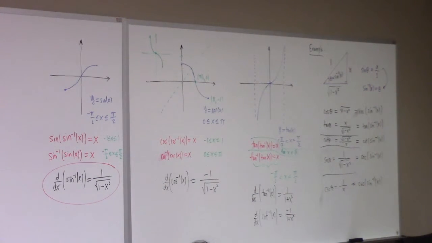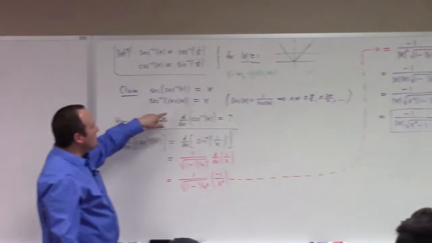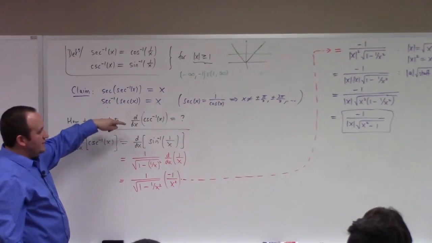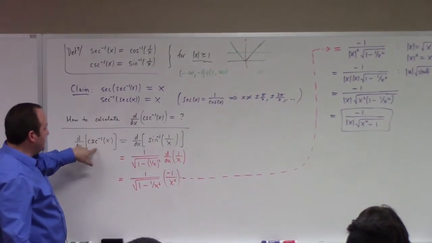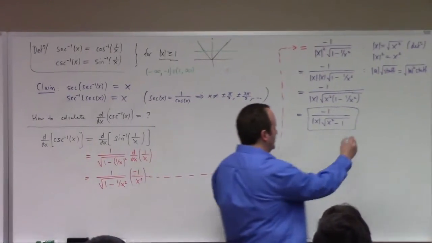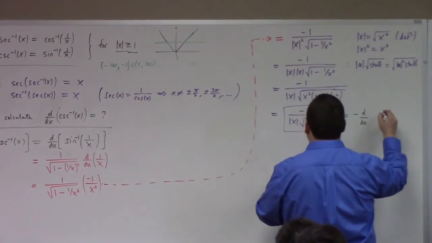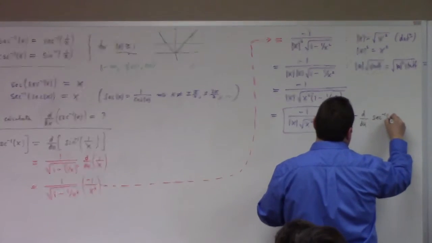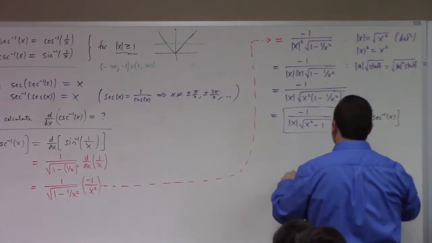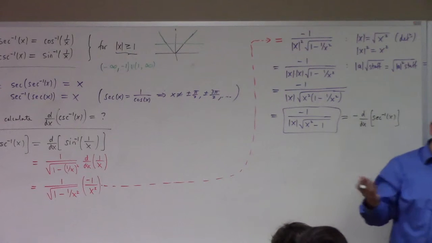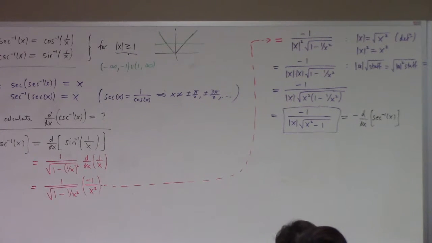By the way, I'm not so foolish as to try to graph these today. Now you can tell me, what's the derivative, this is equal to what? Minus the derivative with respect to x of secant inverse of x, right? So there you have it. Those are the derivatives of your inverse trig functions.